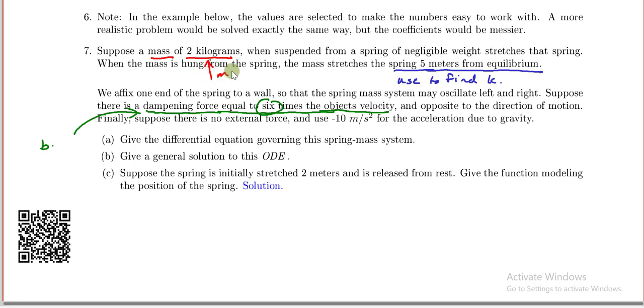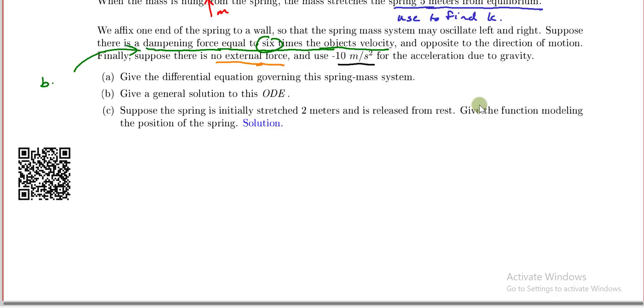And then finally, we suppose there's no external force on this problem. In later problems we'll start putting in an external force that'll make the nth order ODE no longer homogeneous, and we're learning right now how to work with some of our non-homogeneous cases. And then finally in this we're going to use negative 10 meters per second squared for the acceleration due to gravity. Watch out for that in each problem.